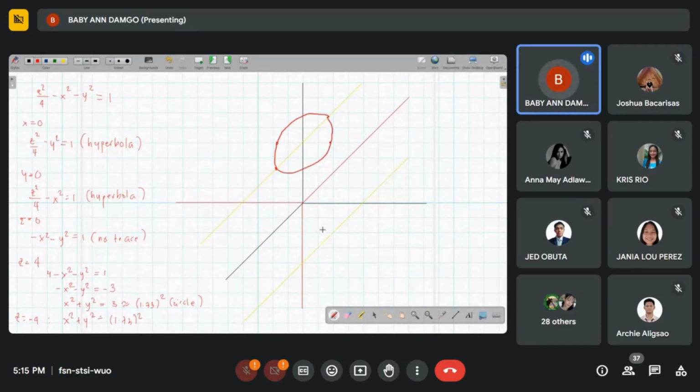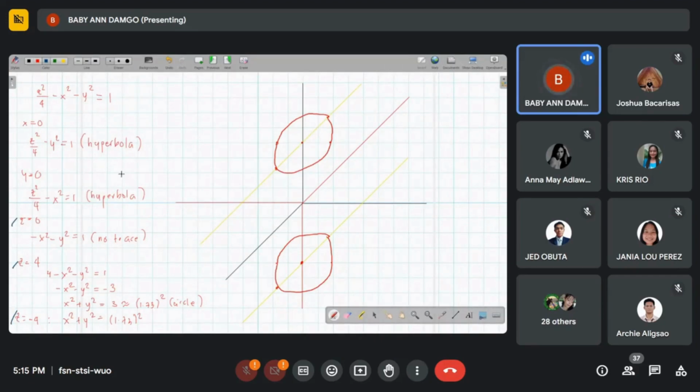For z is negative 4, 1.73, this is for y. And then for x, this one and this one. So we have this circle for z equals 4 and negative 4. So, we're done with this.